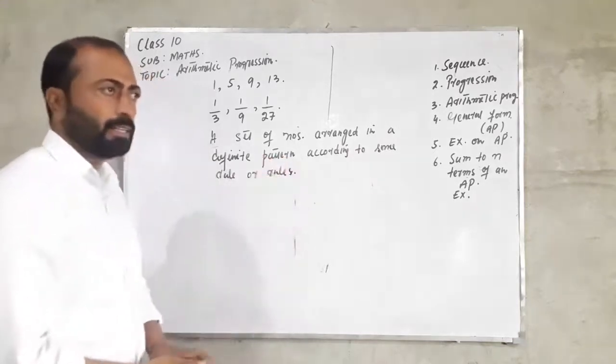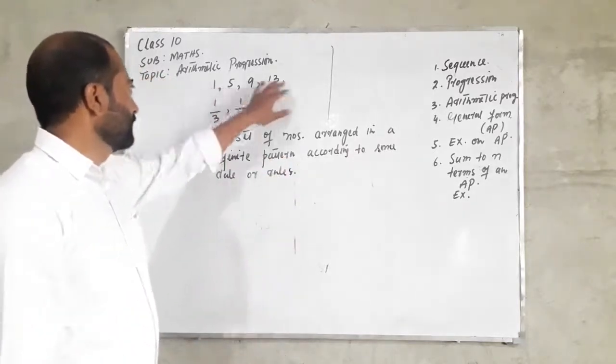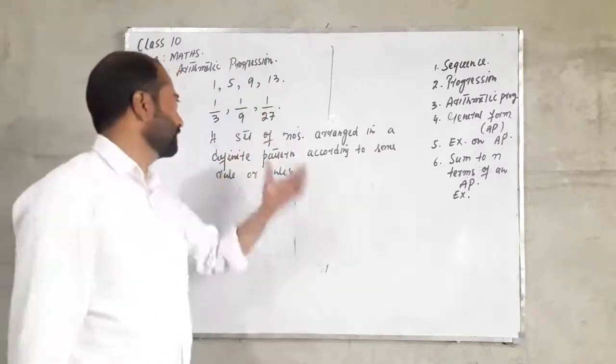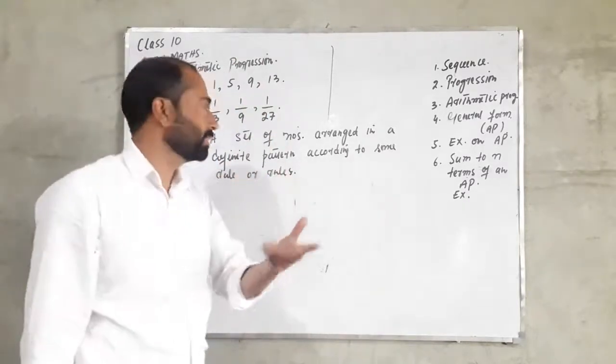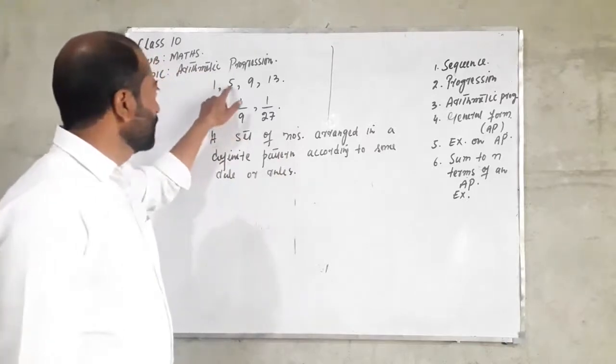Look here, this collection of numbers is a sequence, this collection of numbers is a sequence. Now look at these numbers.